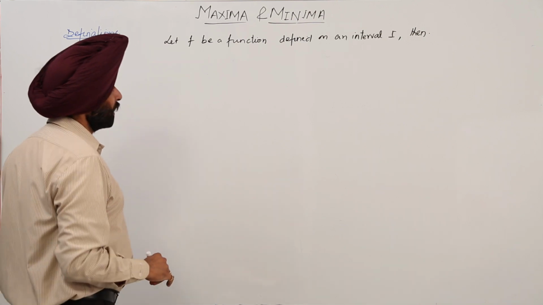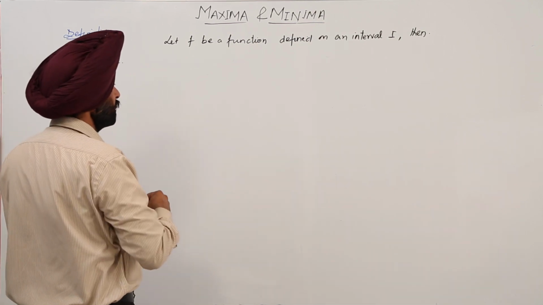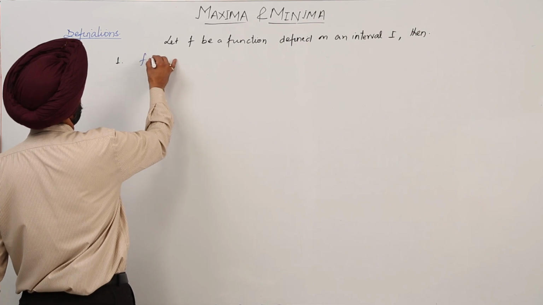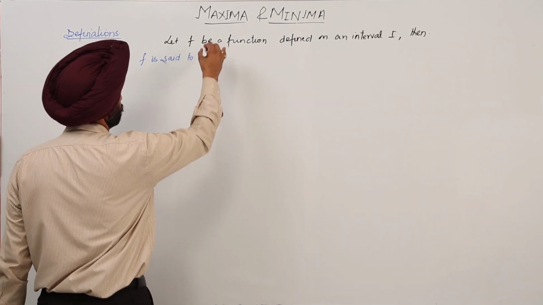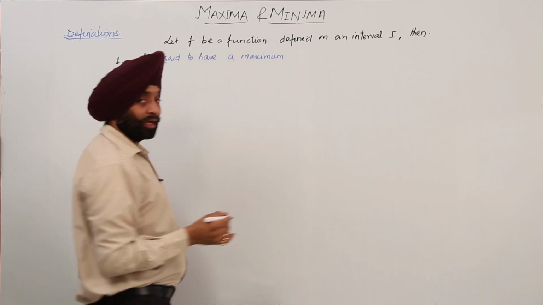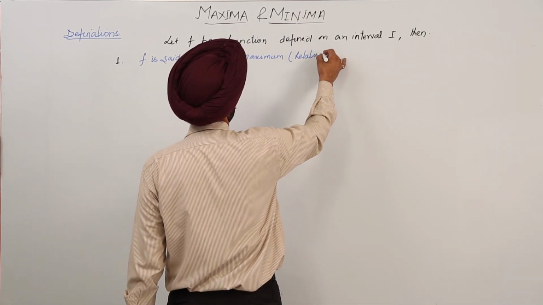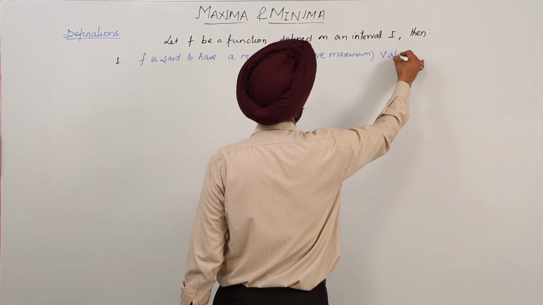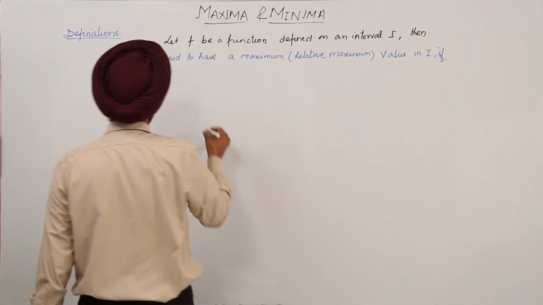Then what do we have now? Let f be a function defined on an interval I. Then number one: f is said to have a maximum, and as I told you in the introduction part, this can also be called a relative maximum value in I, if there exists a point.